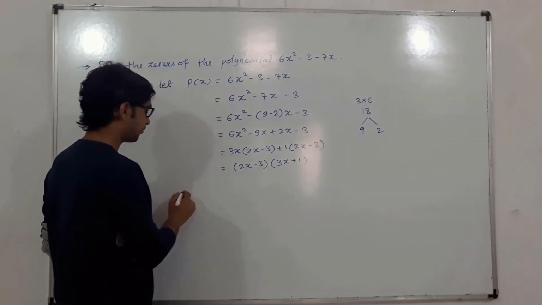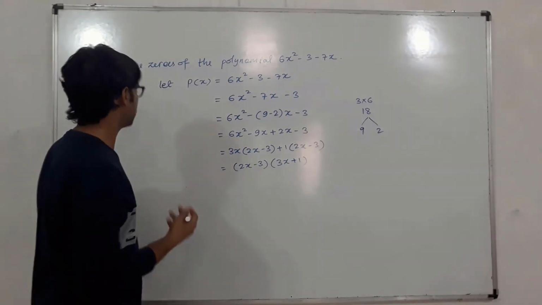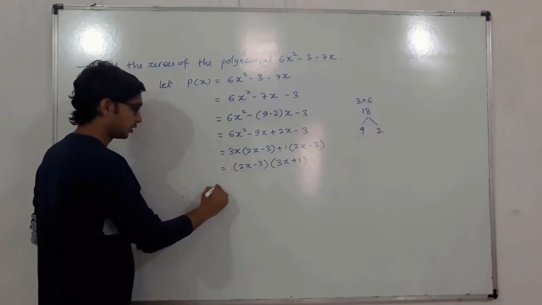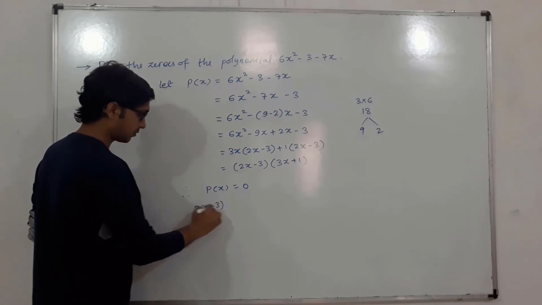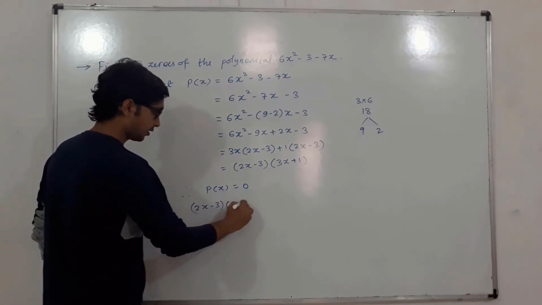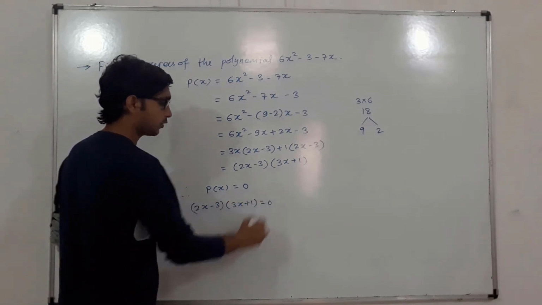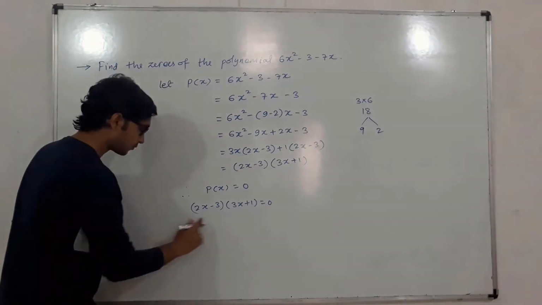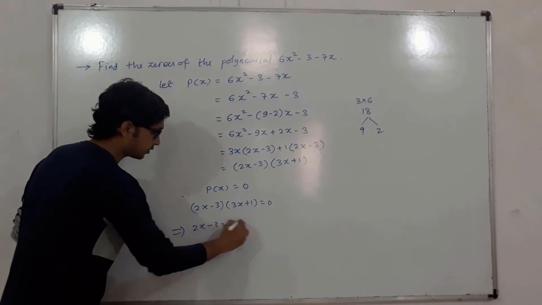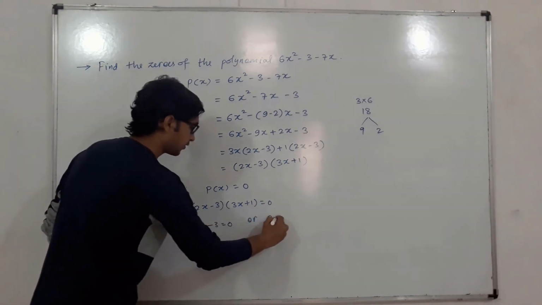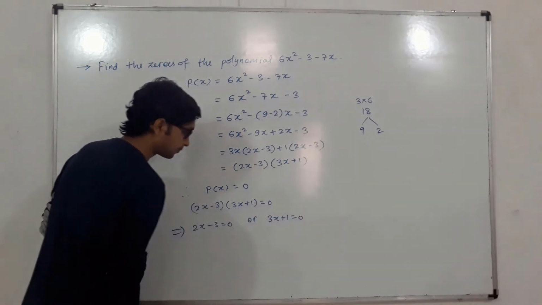So since we have to find out its zero, we write therefore p of x equals to 0. So that means 2x minus 3 and 3x plus 1 equals to 0. So we can write here 2x minus 3 equals to 0 or 3x plus 1 equals to 0.